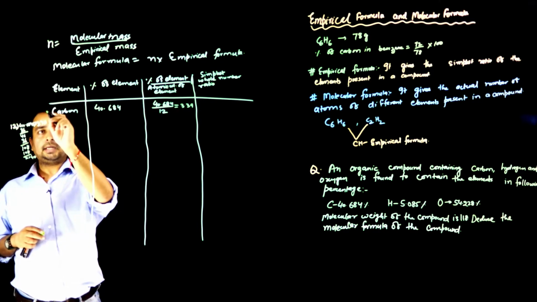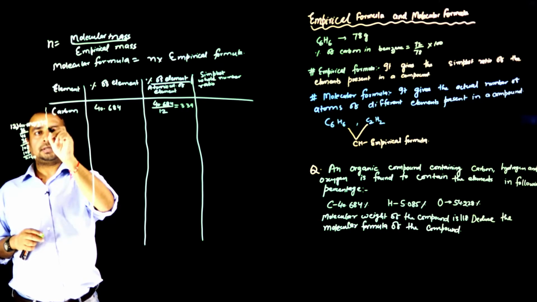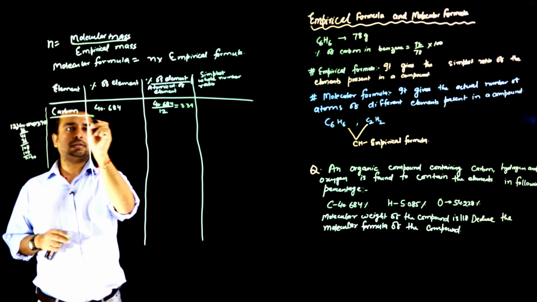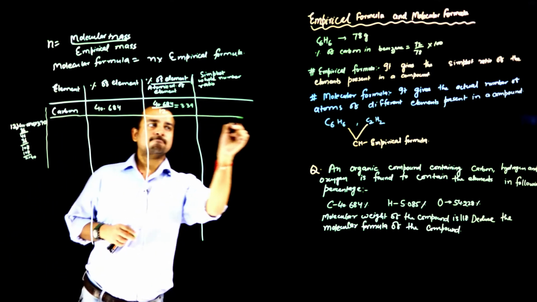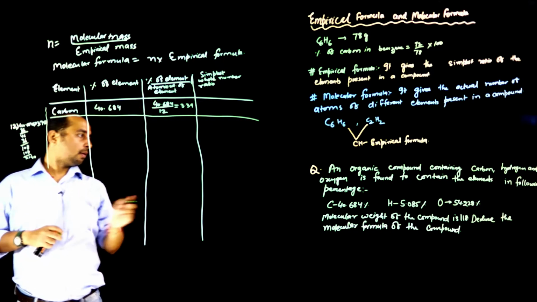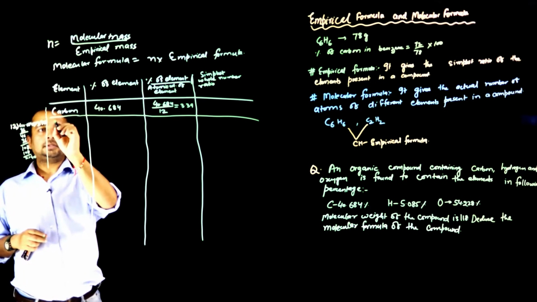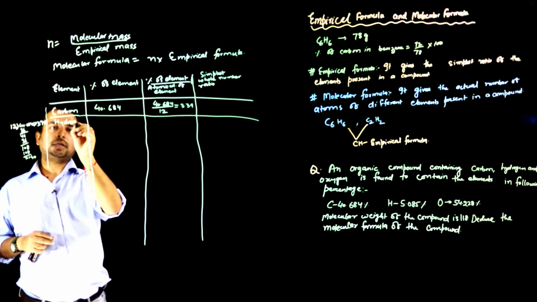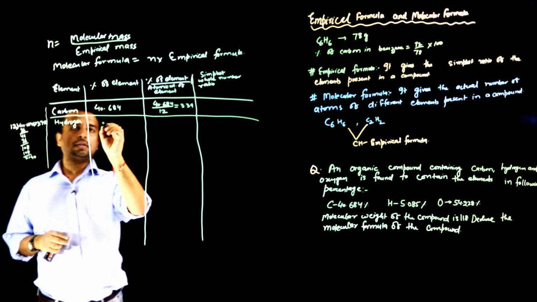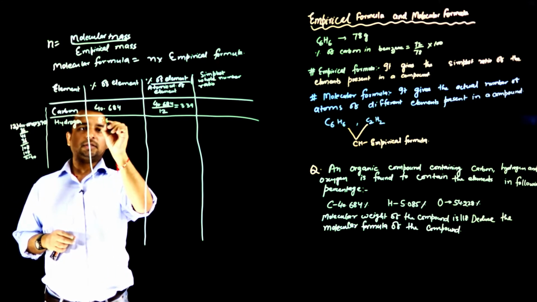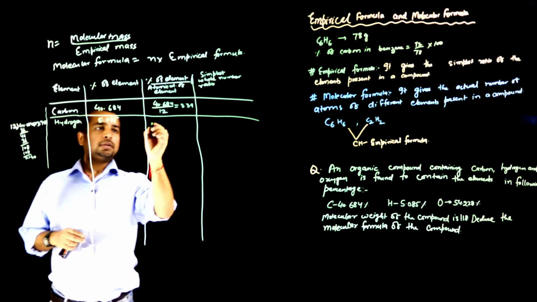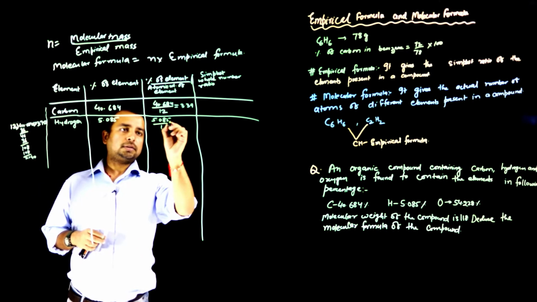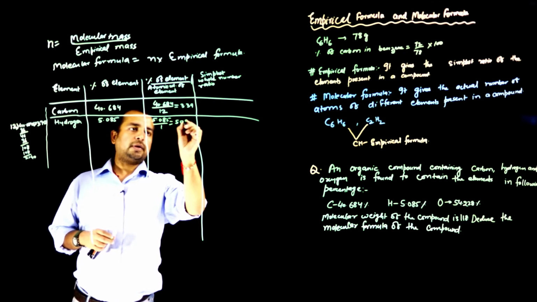Then another element is hydrogen. Hydrogen we simply divide by 1 because the atomic weight of hydrogen is 1, and it is 5.085, so 5.085 divided by 1 is 5.085.